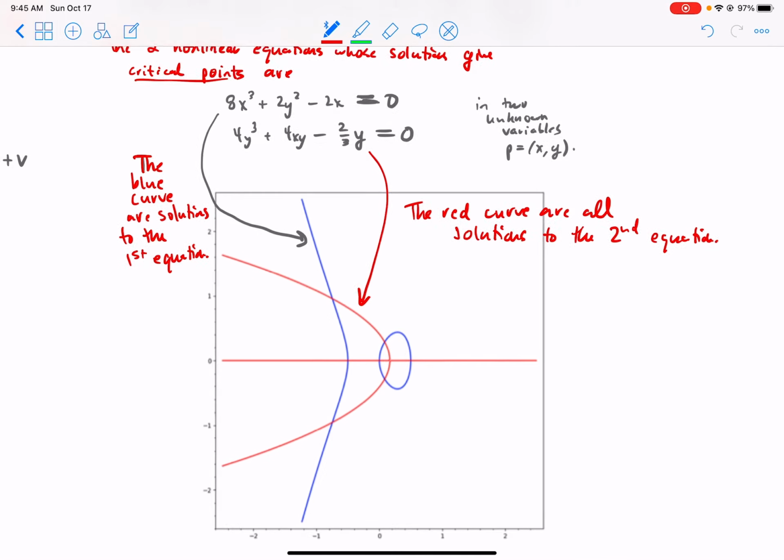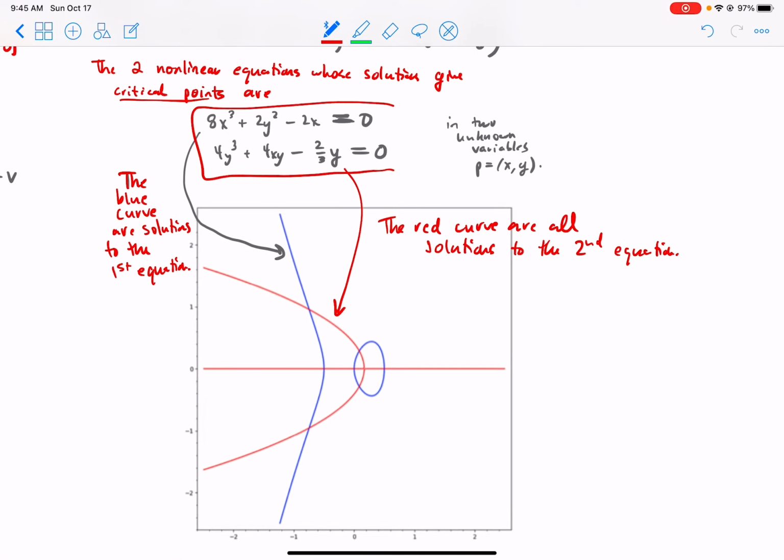But the most important thing are solutions to both equations at the same time. What are those points? This point is on blue and red curve. This point is on the blue and red curve. This point is just on the red curve, so it's not what we care about. This point is on the blue and red. This is on the blue and red, on the blue and red. This point is just on the red, so we don't care about it. This point is just on the blue, we don't care about it, but this is on blue and red, blue and red. 4, 5, 6, 7.